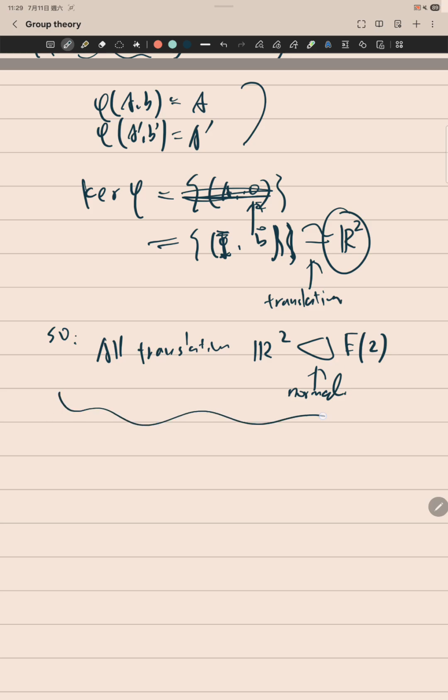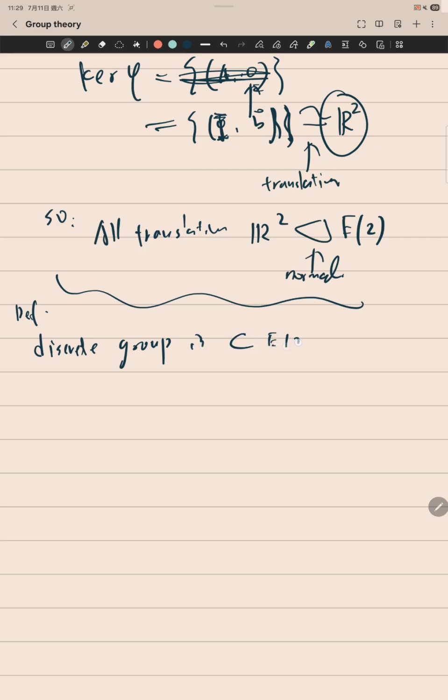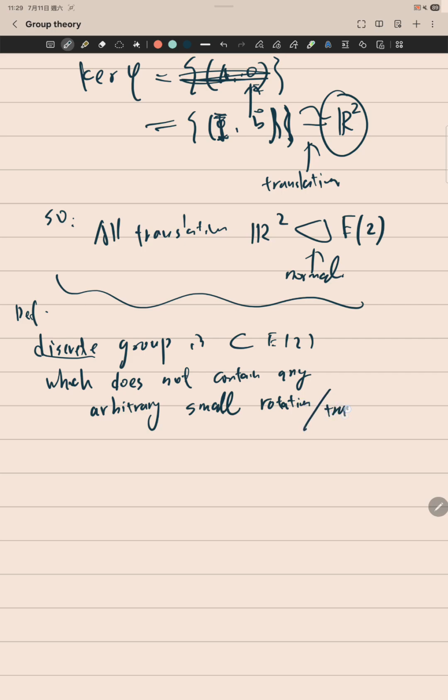Okay, so now with all these tools we are able to study the finite groups and the discrete groups. Let me define a discrete group. A discrete group is a subgroup of E2 which, since it is discrete, does not contain arbitrarily small rotations and translations.